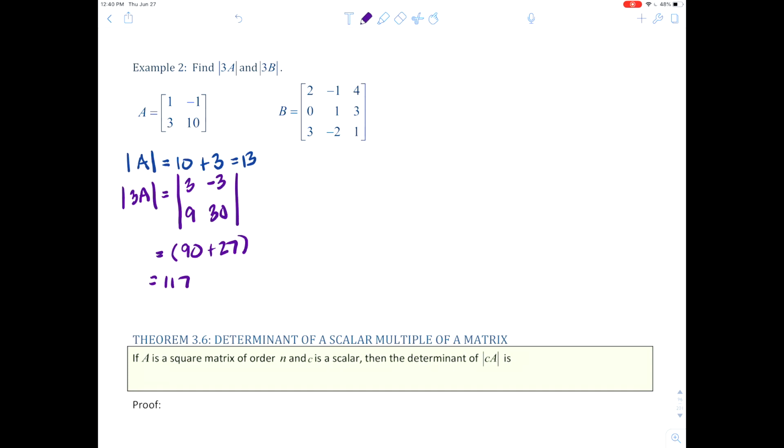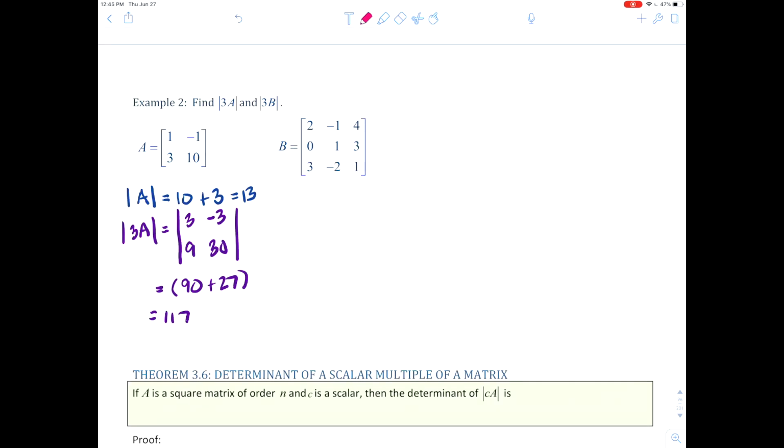Cool so far? Okay, let's see how this relates to the determinant of A. We know that the determinant of A is 13, and the determinant of quantity 3 times A is 117.